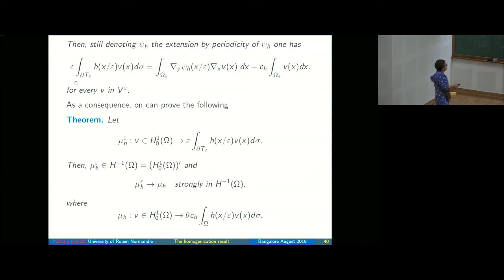Then this function belongs to the dual, that means it's linear continuous, and it strongly converges in the dual to mu h, where mu h is just the function that to any v associates theta C_h times the integral over omega of v. Sorry, here there is no h inside.